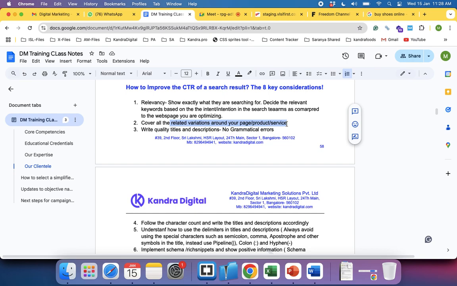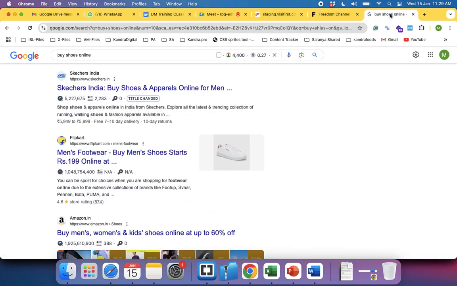Now, as a digital marketing training institute, I'll focus on terms like digital marketing training, digital marketing course, digital marketing classes, digital marketing institute. My goal is not to miss out on any searches. You have searched training, somebody else will be searching classes and somebody else will be searching institutes. So try to cover all those variations in your titles and descriptions.